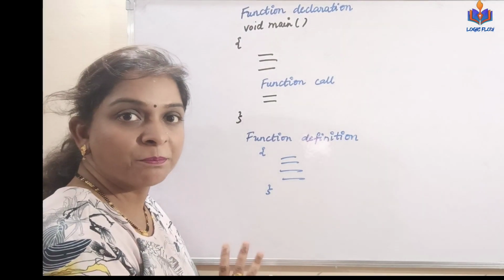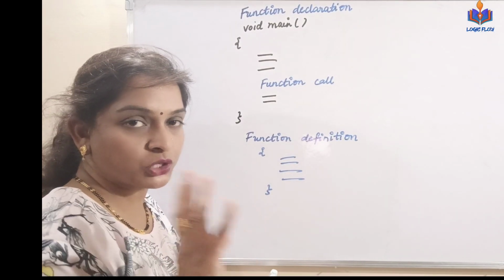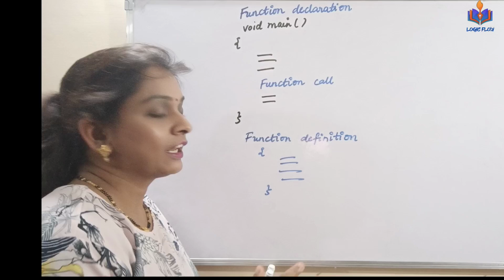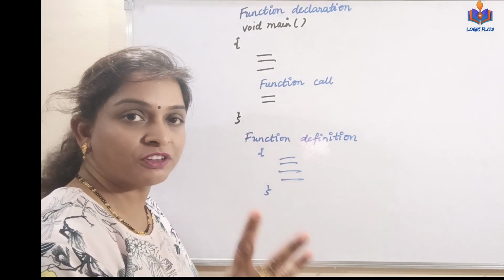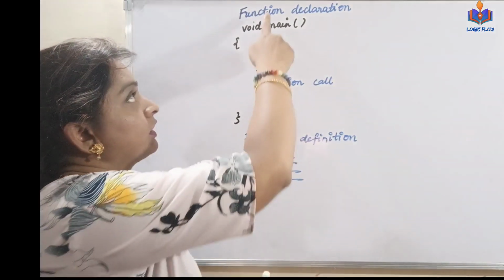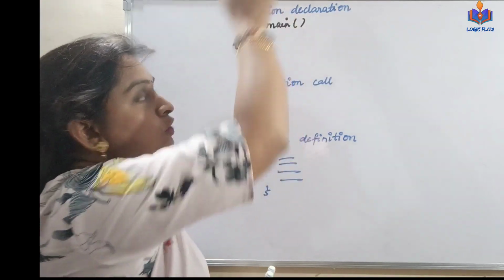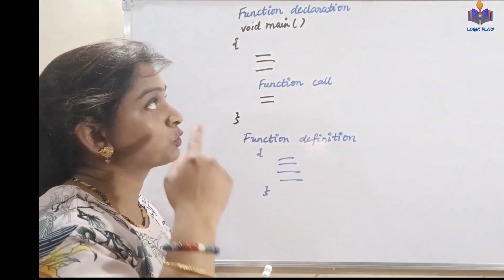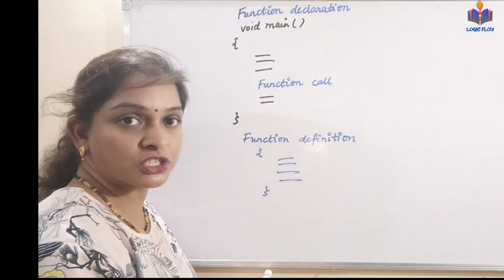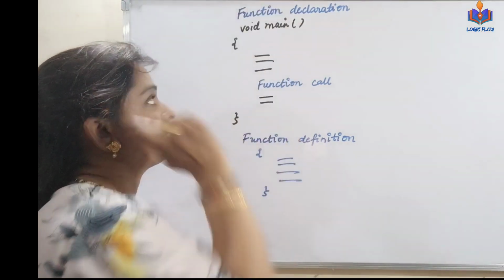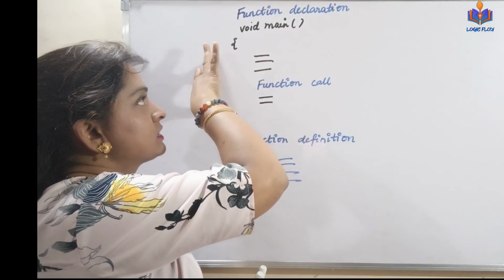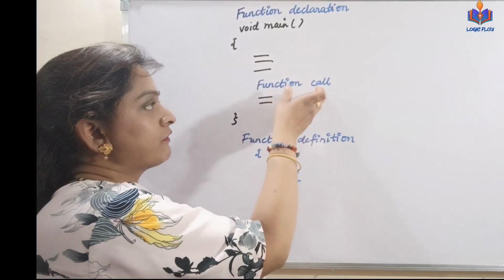So here is the complete structure of function. You will get a complete idea of where the three parts of the function are placed. Function declaration before the main function. The prototype, that is the declaration of the function, should be before the main. Then the main function starts. Inside the main function, we will have a function call.